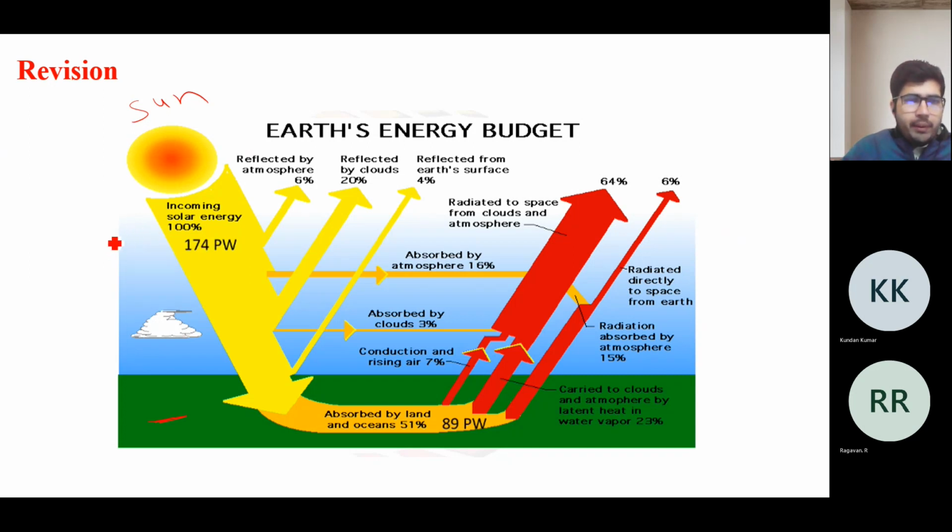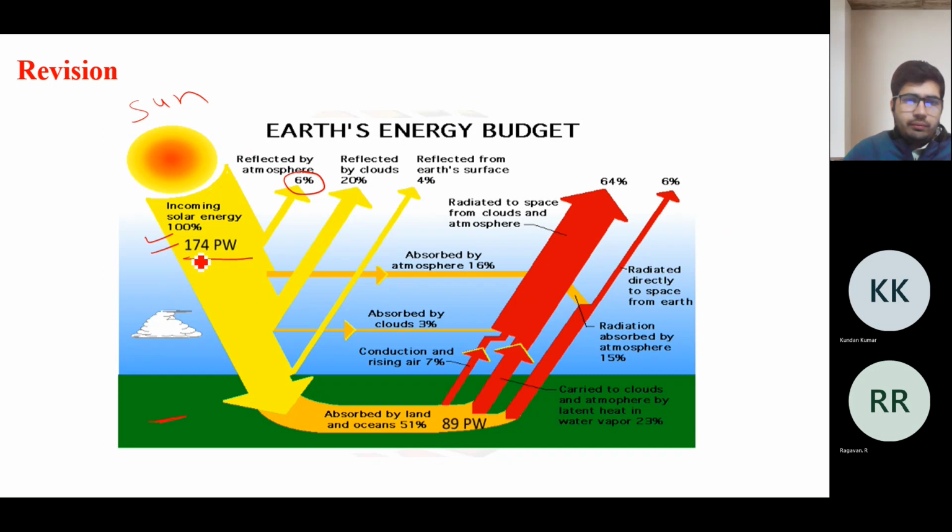Suppose 100% energy is coming from the sun. This 100% is around 174 petawatt. Of this 174, 6% is reflected by the atmosphere, so the remaining 94% is going towards the earth.